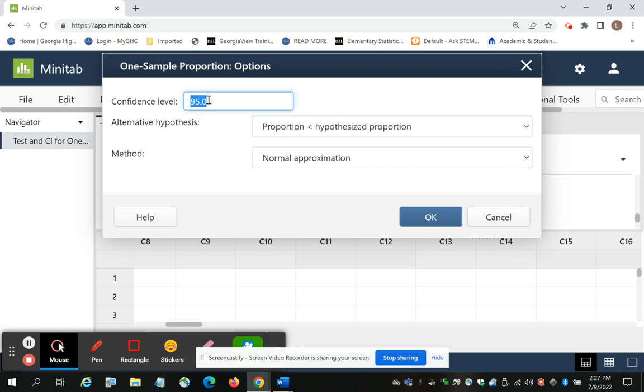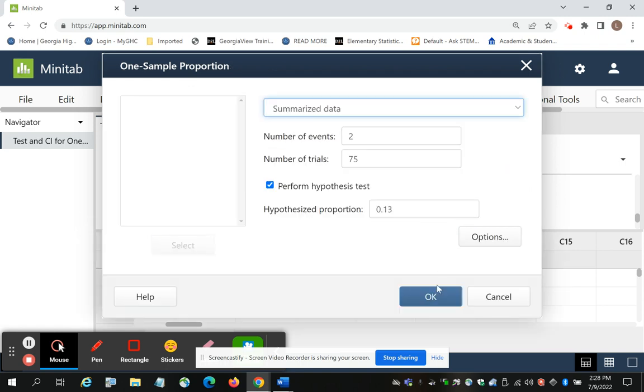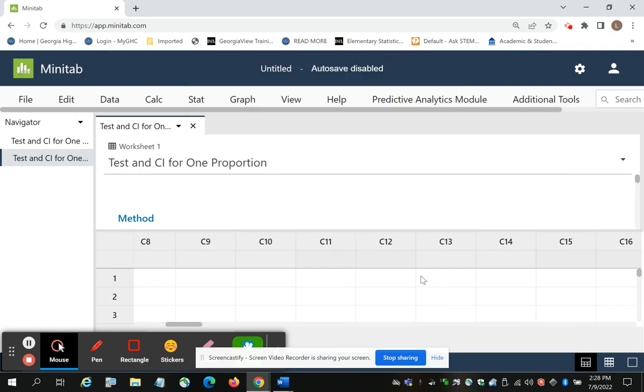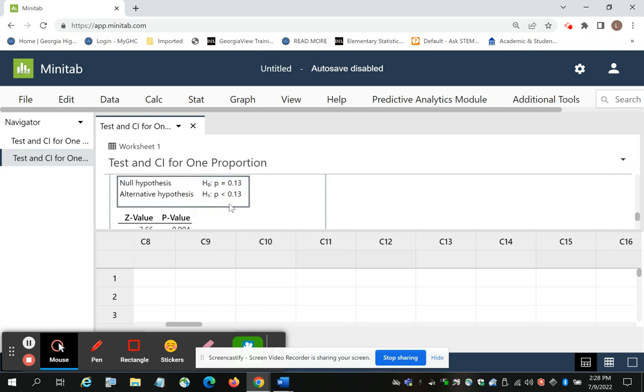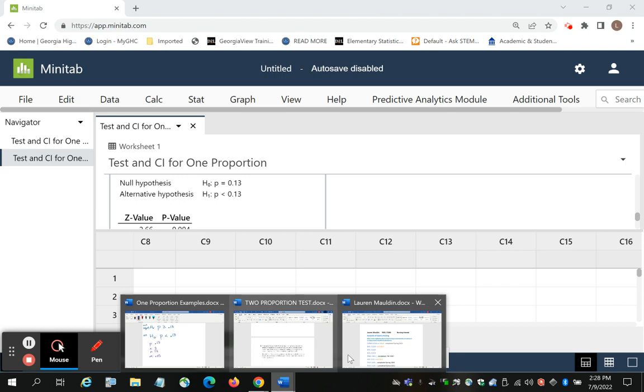Again, we're doing 95% confidence. We are doing less than, and we're doing a normal approximation. Minitab does all the work once I get the data input, and it gives us our results.